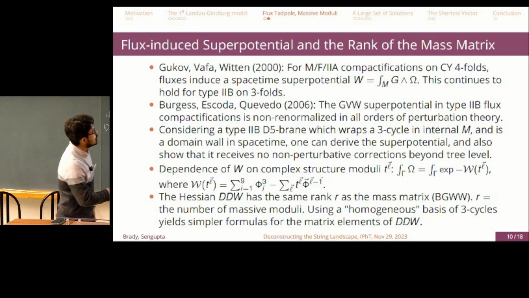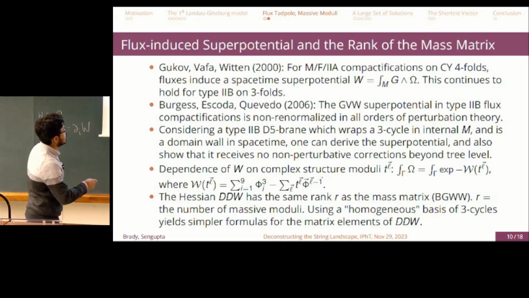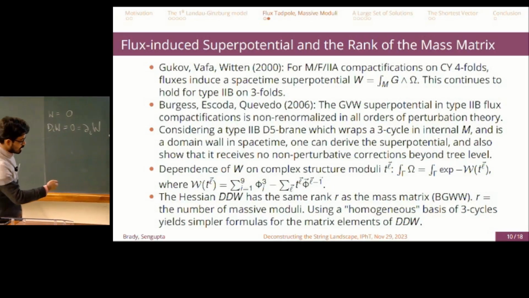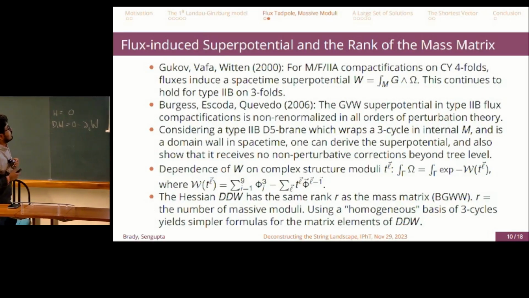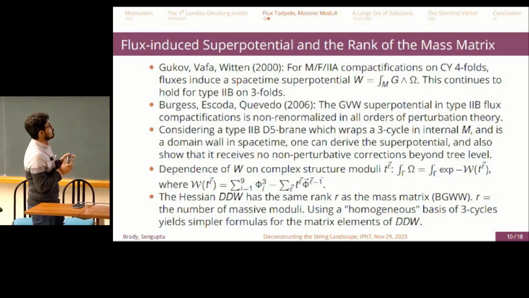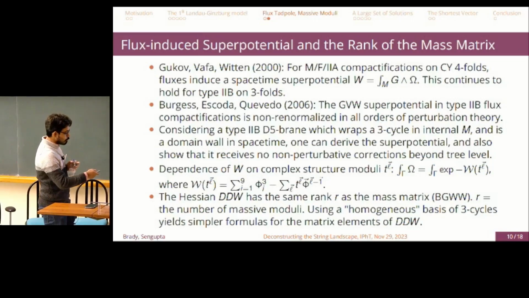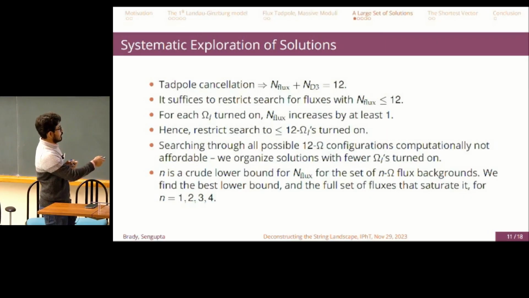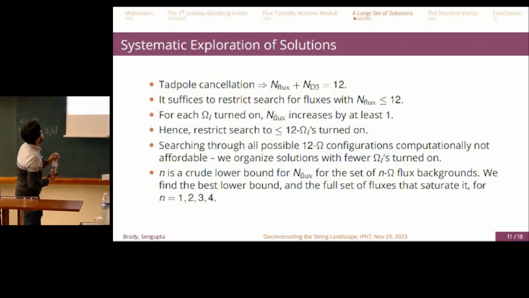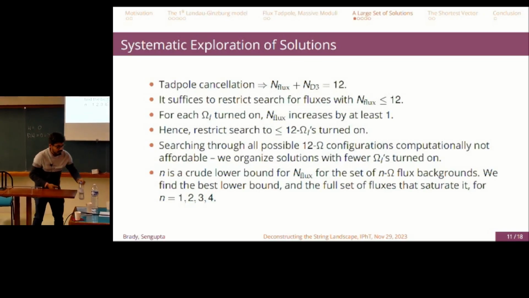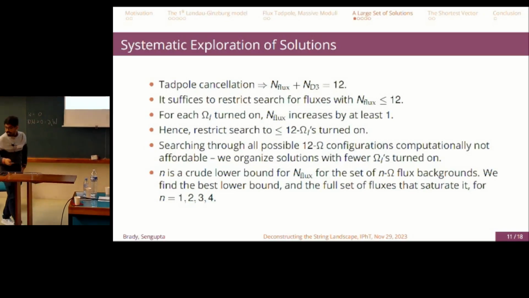So all we have to do is to calculate the Hessian of this and calculate its rank. So in order to tell you all the properties of the solutions that we find, this property is going to be really important. Okay. So now Nathan will tell you about the systematic exploration of the solutions that we have found.